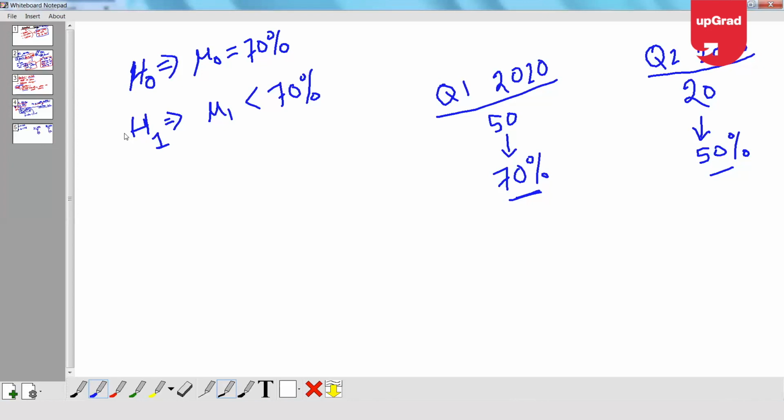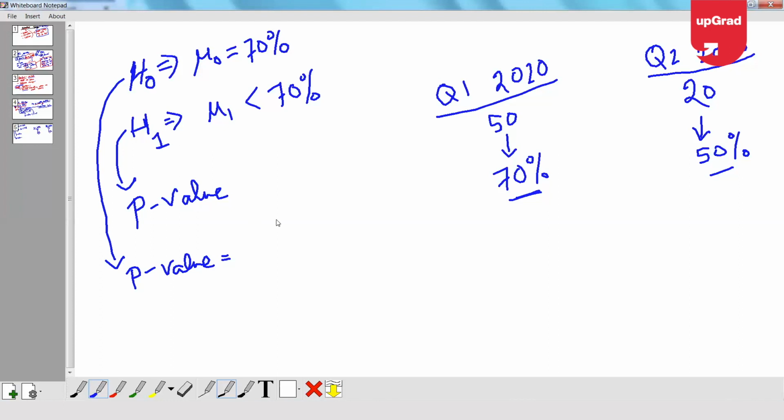So here, for this scenario, suppose we got a p-value, and here also we got a p-value. Suppose this p-value is 0.04. So ideally, this p-value should be 0.96. If this is 0.04, of course, this will be 0.96.